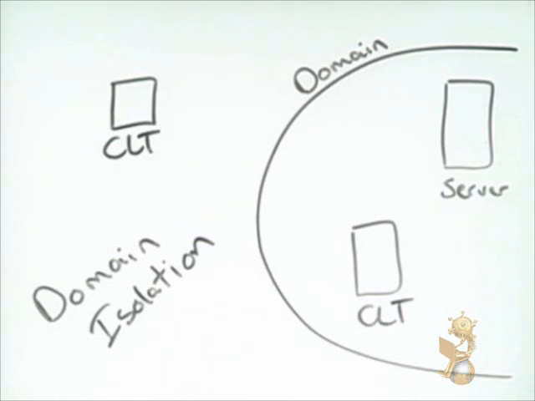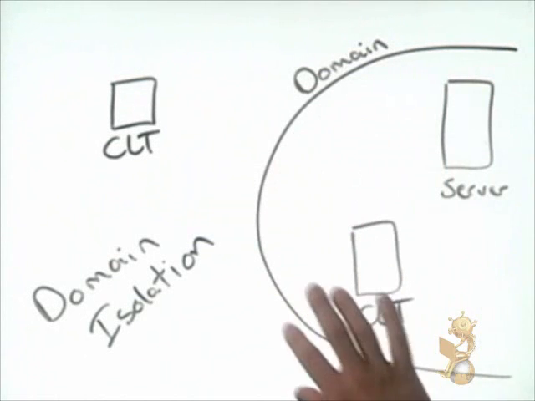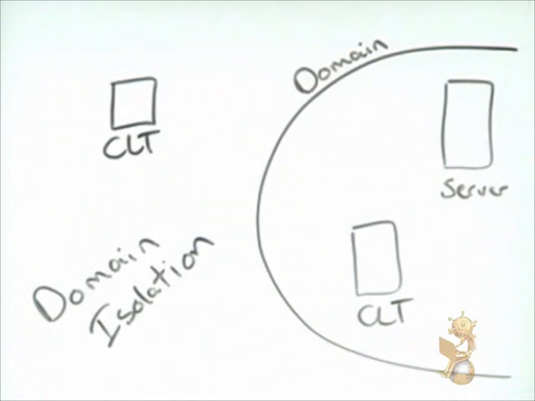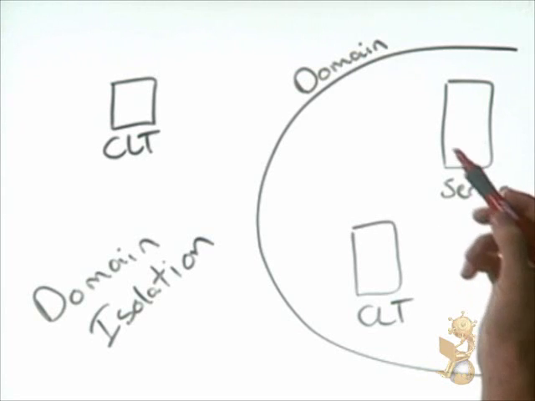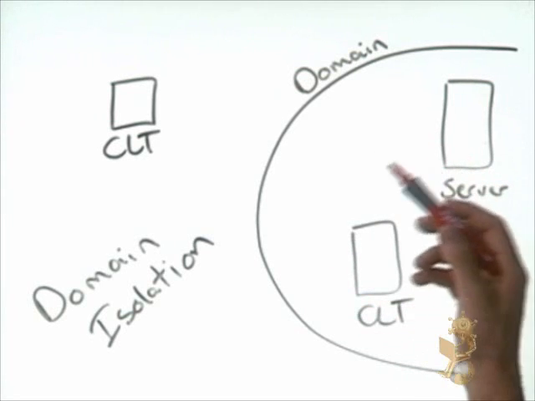As you see here, we have an example of domain isolation. With the use of an Active Directory domain and the Windows Firewall with Advanced Security, a system administrator can enforce a policy that forces computers that are a member of the domain to only accept incoming communication requests from other computers that are a member of the same domain only.